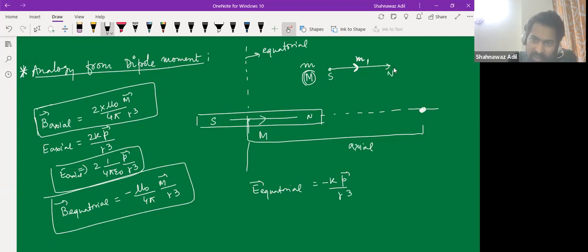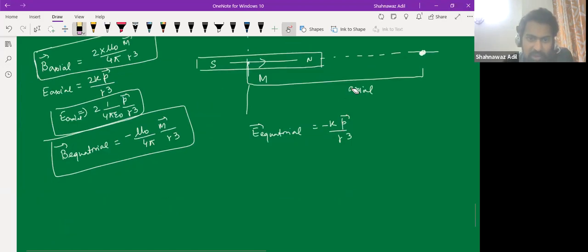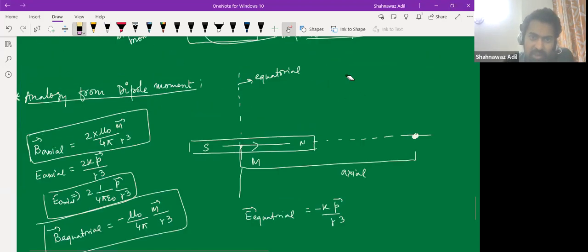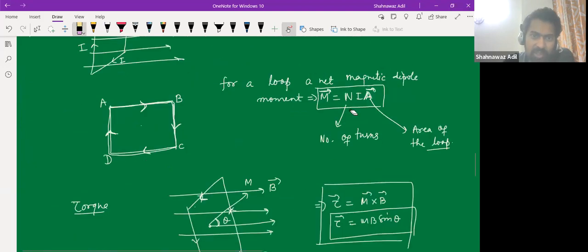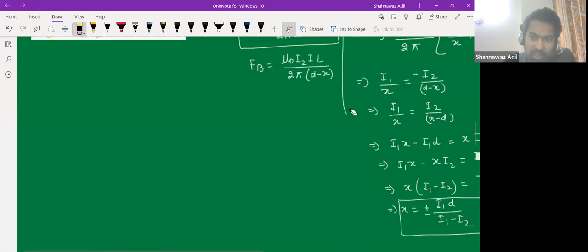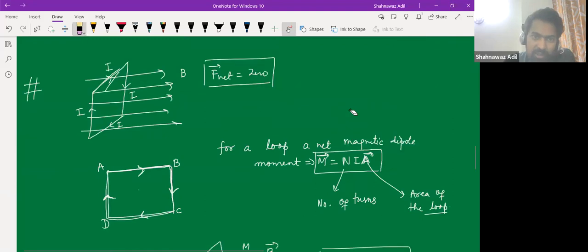Always remember this. Then we'll do some numericals based on this. So please note this thing down.